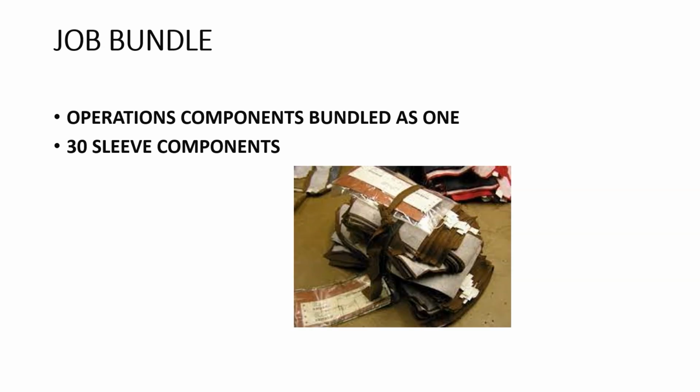Now let us see the job bundle. A job bundle is nothing but components of one operation bundled as one. Different operations are there, and those components are bundled. For example, if 30 sleeve components are there, those sleeve components are bundled together. The components for one operation are bundled together, so when all the sleeves are processed, 30 sleeve components are bundled together.